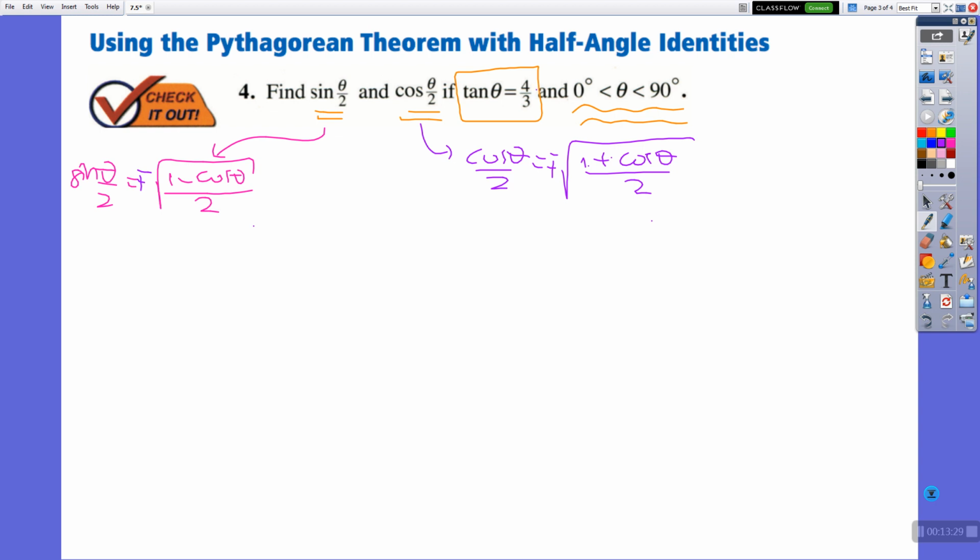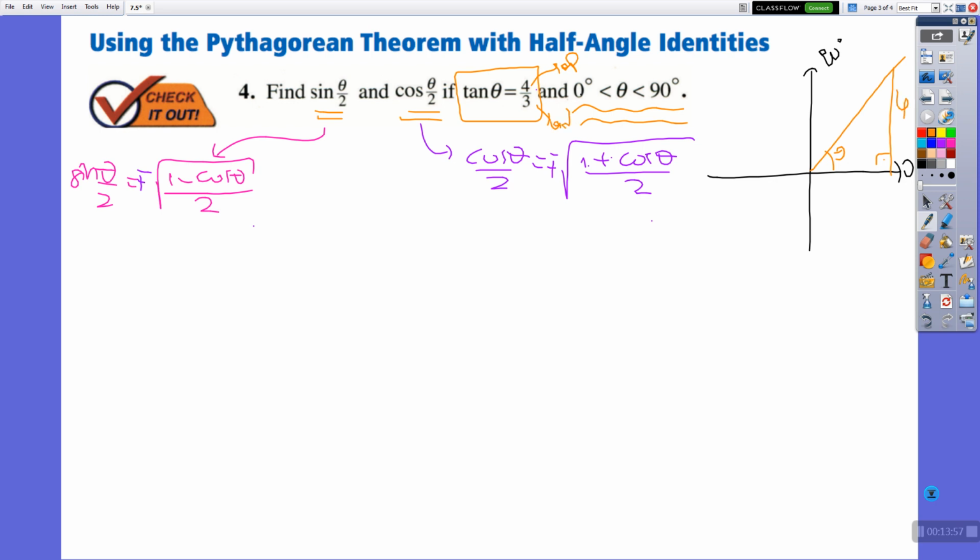What I am given here is tangent. So you just form a right triangle. In which quadrant? It's between 0 and 90, so it's in the first quadrant. In the first quadrant, your theta is here. Tangent is opposite over adjacent.